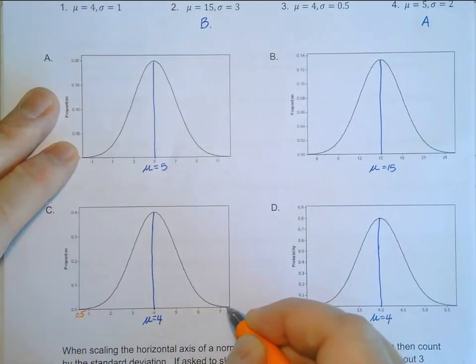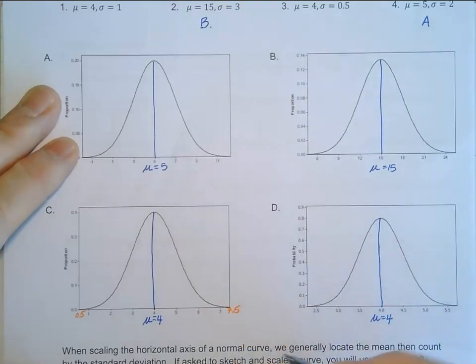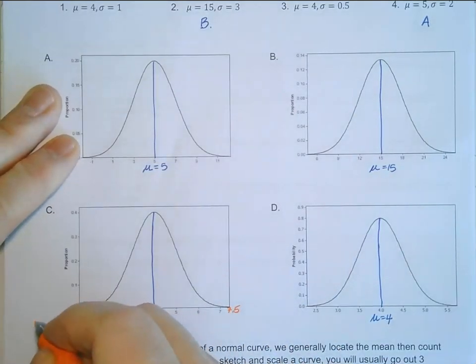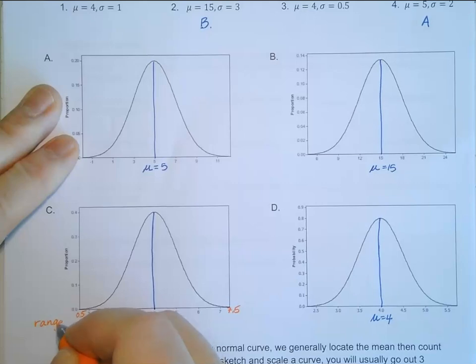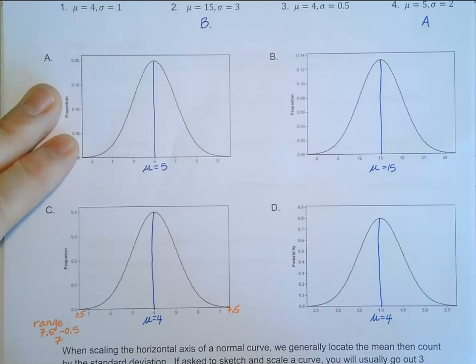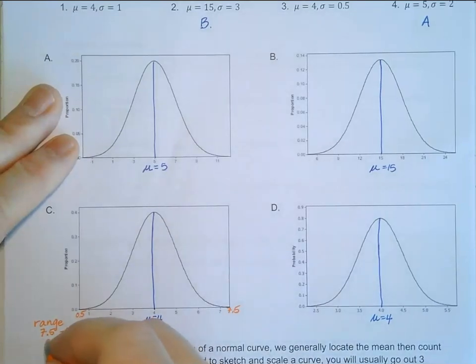This looks like it's about 7.5. So the range for this one looks like it's 7.5 minus 0.5, which is 7. And I'll just put a little approximately here.